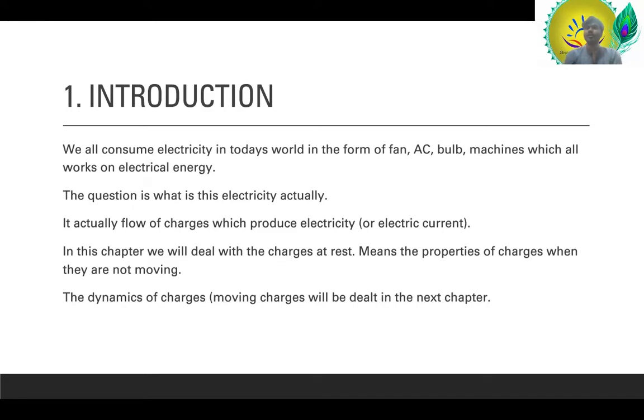So we are going to study that quantity known as charge: what does it exhibit, what are its properties. In this chapter, we will deal with charges at rest, meaning the properties of charges when they are not moving. Rest means not moving. The dynamics of the charge will be studied in your next chapter.